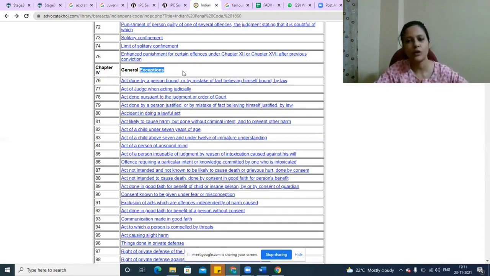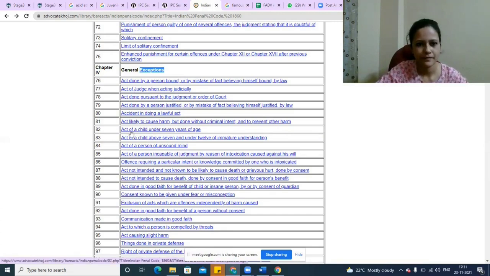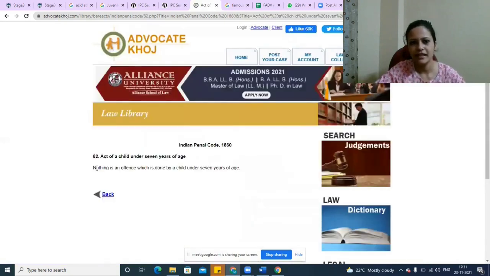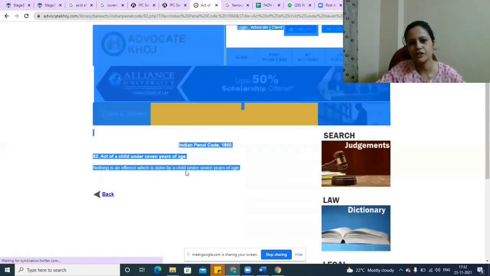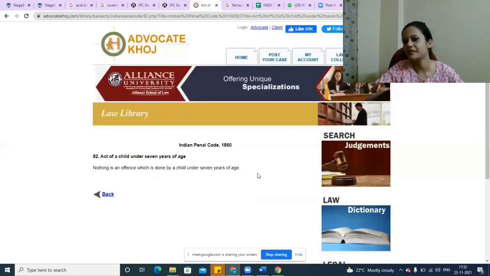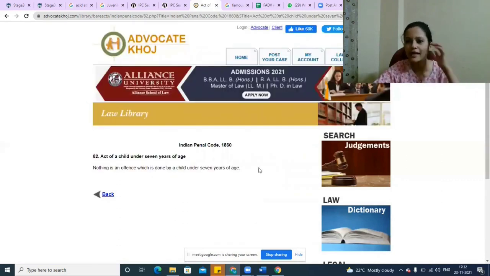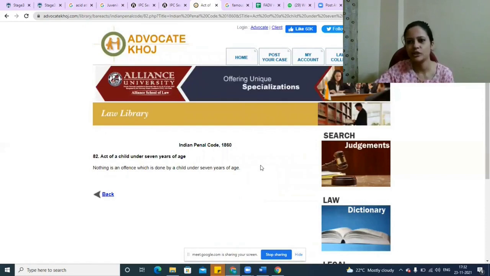So they cannot be held liable for any crime. Act of child under 7 years of age. It says nothing is an offense which is done by a child under 7 years of age, because they do not have that mental ability to differentiate between right and wrong.